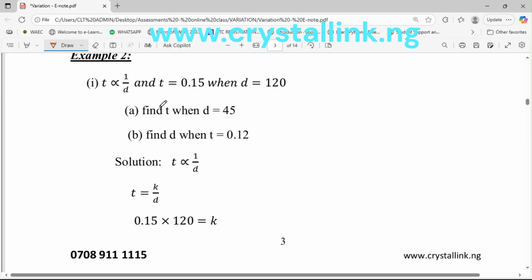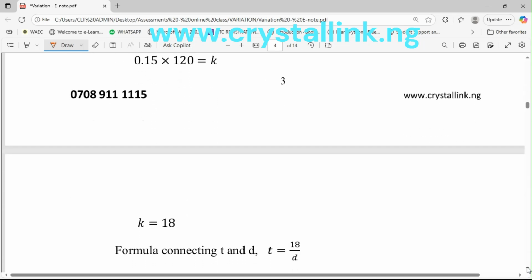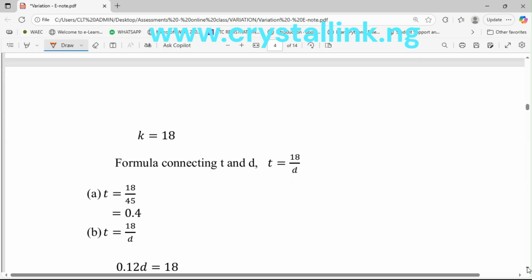So all you do next is change this mathematical statement to an equation. You already know how to do that. T inversely proportional to 1 over d becomes t equal to k over d. I believe you understand that because we've done that before. From there, you put in the initial values and you get your k.